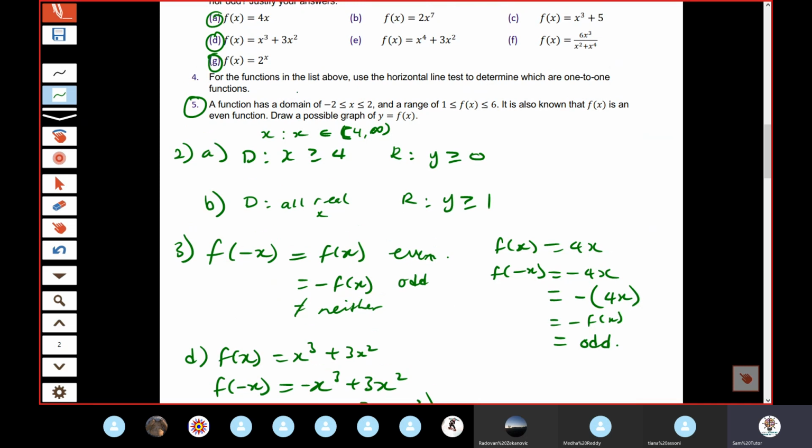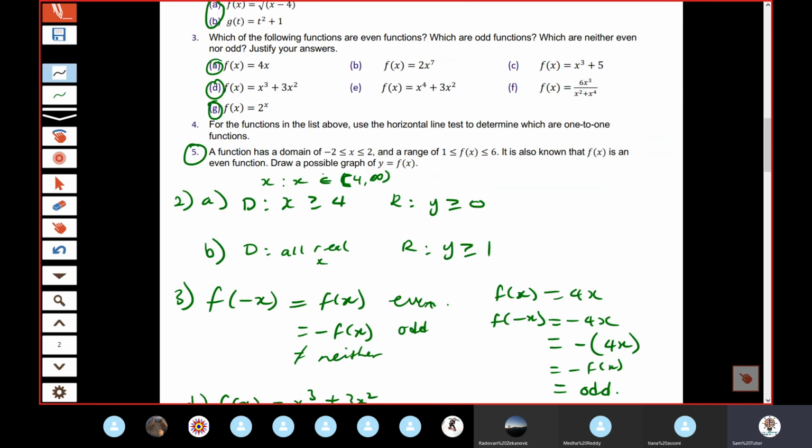Oh yeah, number 5. A function has a domain and a range. It is also known that the function is even. Draw a possible graph. Okay. So its domain is from -2 to 2. Its range is from 1 to 6. And it is even.